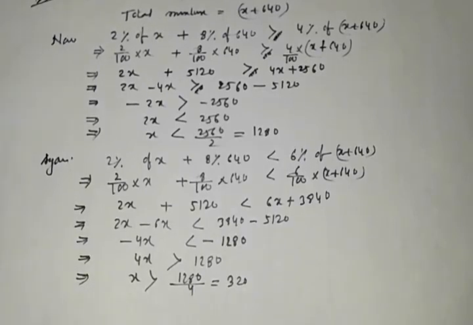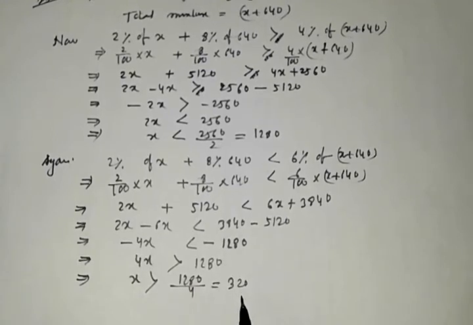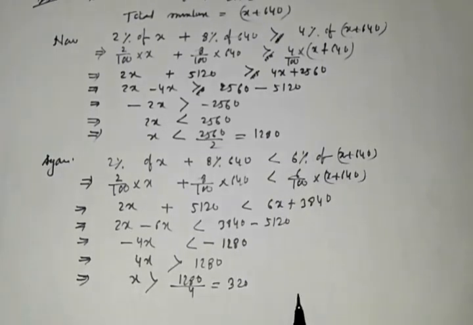Therefore we have to add more than 320 liters of 2% boric acid solution, but less than 1280 liters of 2% boric acid solution.